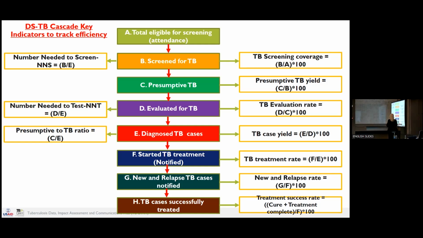And out of those diagnosed, the F number started the treatment. So the treatment coverage would be F divided by E. And again, we can see the percentage that could have been confirmed cases that we couldn't cover by the diagnostics.